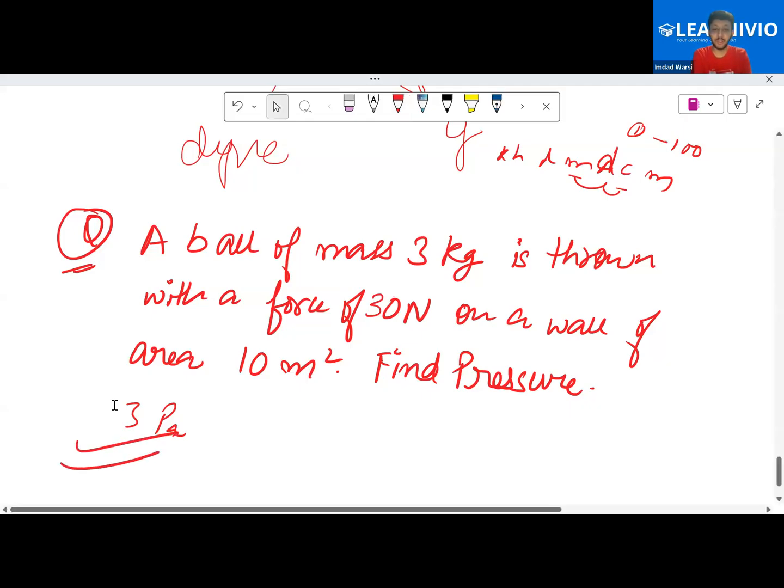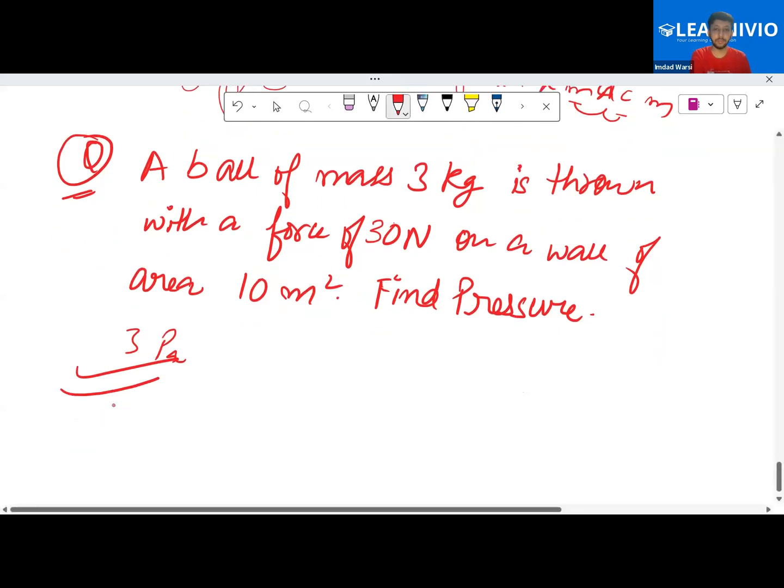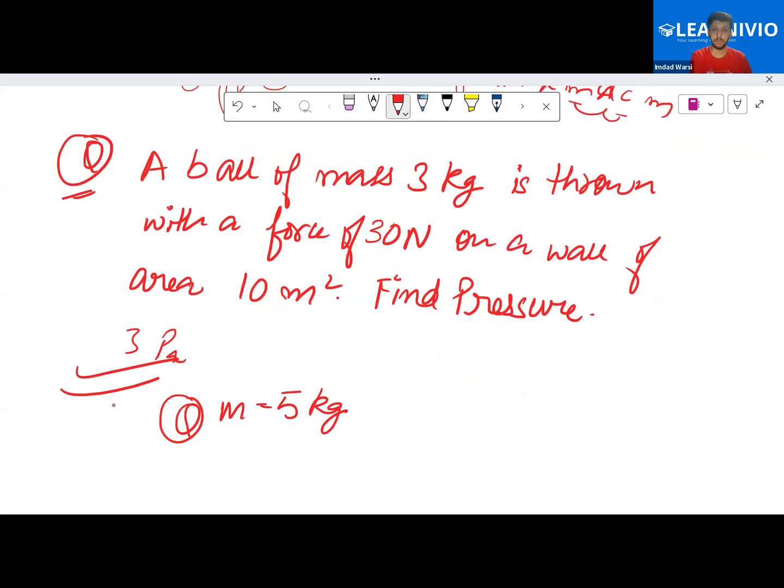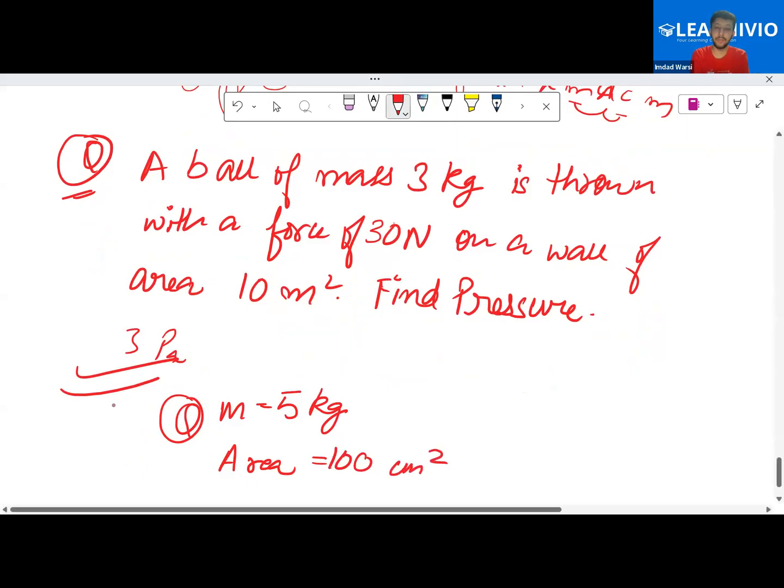Now, do one more question. There is a ball of mass 5 kg. Now I'm just writing the values, and it is hitting on a wall of area 100 centimeter square.